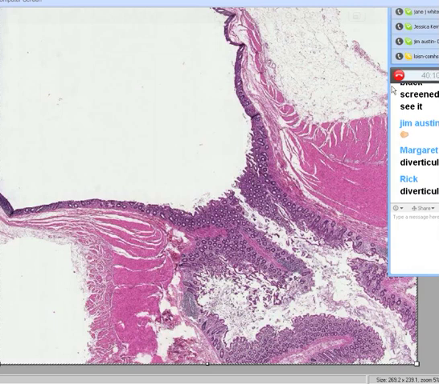But if you remember, I told you most diverticulae of the colon don't have much smooth muscle around them. It's basically just mucosa and submucosa and connective tissue. So if you wanted to call it a pseudodiverticulum rather than a true diverticulum, because it does not have all 4 layers, then you would be thinking absolutely correctly.